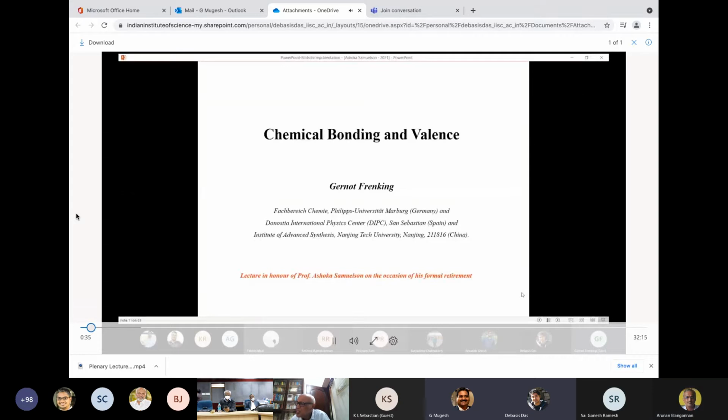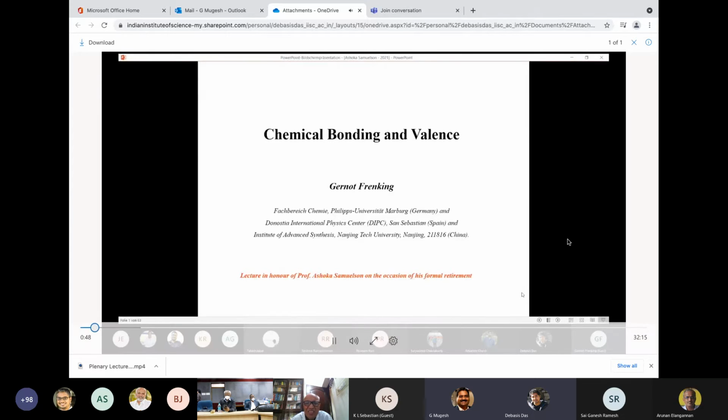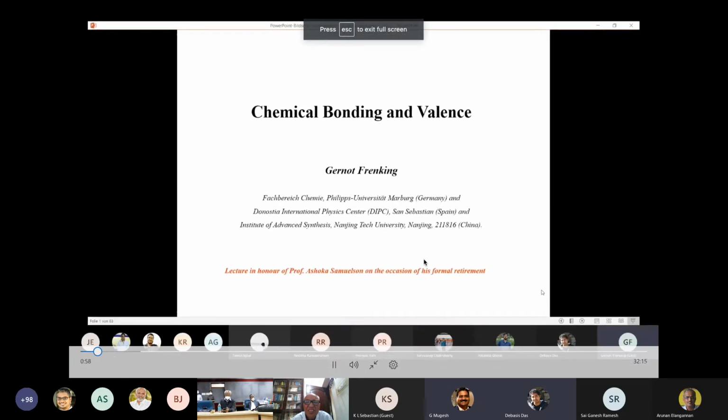Ashoka, you belong to those people for whom I have both the highest esteem scientifically and personally, and the visits at Bangalore, and you have also been at Marburg, have been so rewarding for me, and I hope that we can see each other in person again in the near future. And since I know that you cherish science so much, I want to devote now the remaining time to science, the non-scientific topic we can hopefully share in the future.